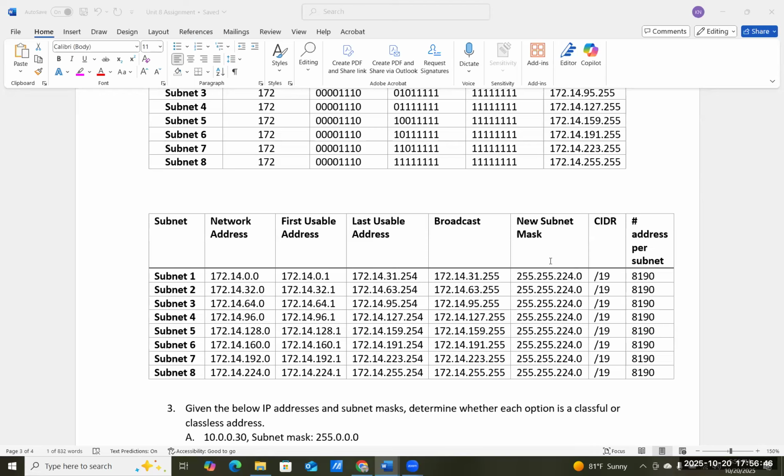At this point we put together our new subnet mask, the one we would use for our 8 subnets. Now, some switches and routers don't require that you put in the subnet mask. If you put in /19, especially on a lot of Linux servers and systems, they just want a slash. So if you put in /19, it automatically knows that this is your subnet mask.